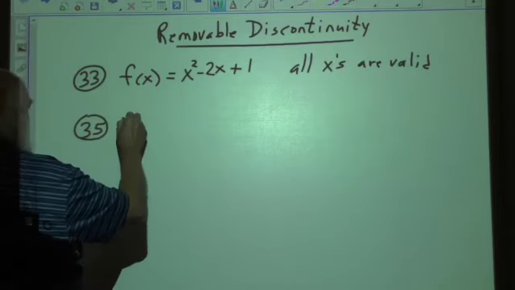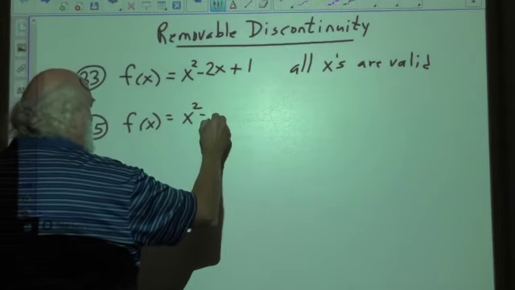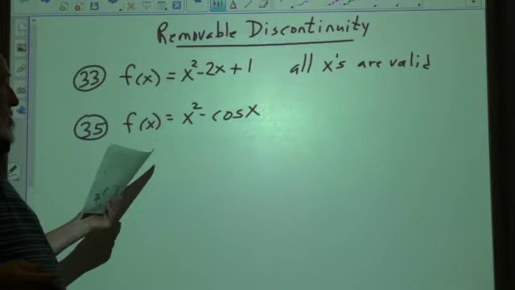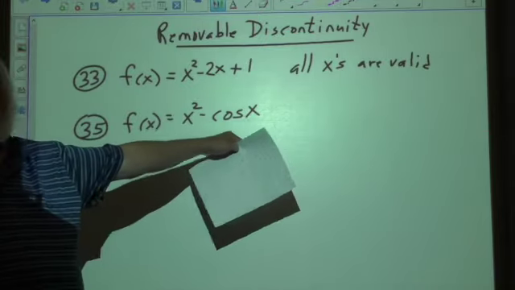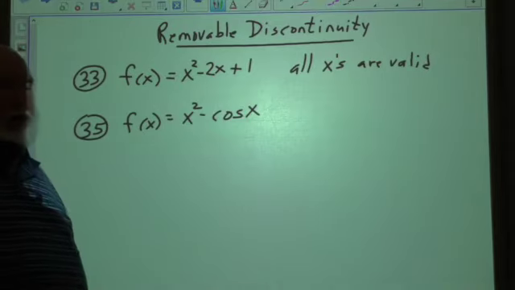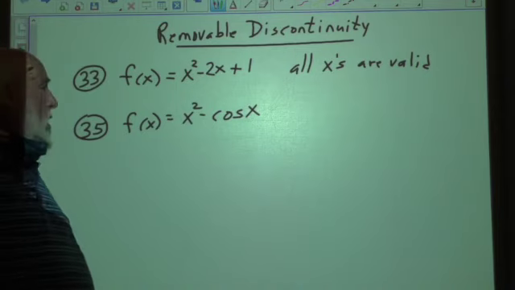For this one, it's f of x equals x squared minus cosine x. Again, we don't have a denominator, but is there something about this cosine x that is going to make this possibly have a denominator 0? And the answer to that is no. The denominator is always the hypotenuse.